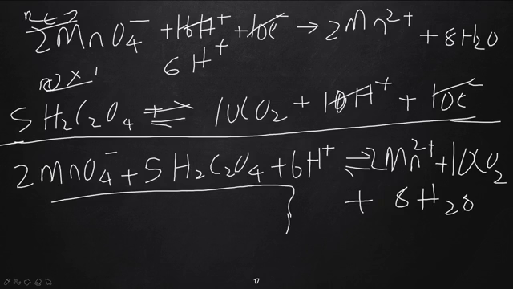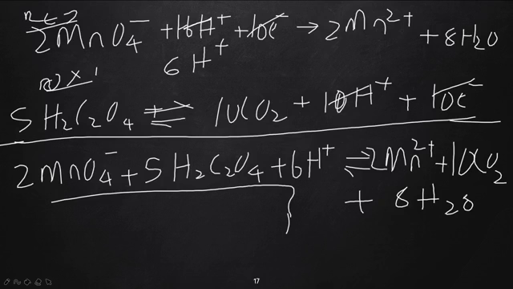Now if you want to check the stoichiometric coefficients of all the elements: manganese is 2, manganese is 2, if you're with me. Oxygen in the permanganate ion is 8, and oxygen in the oxalic acid is 20, so we have a resultant oxygen of 28.